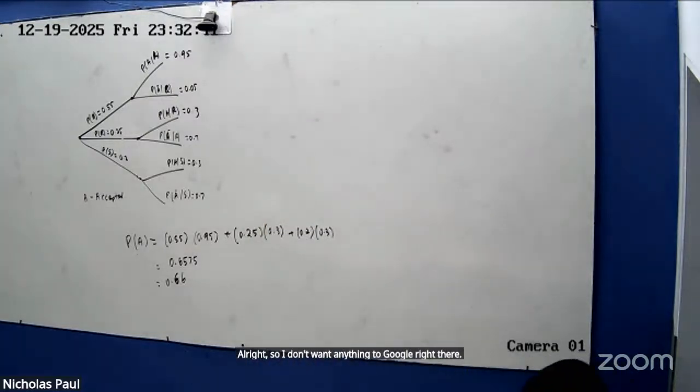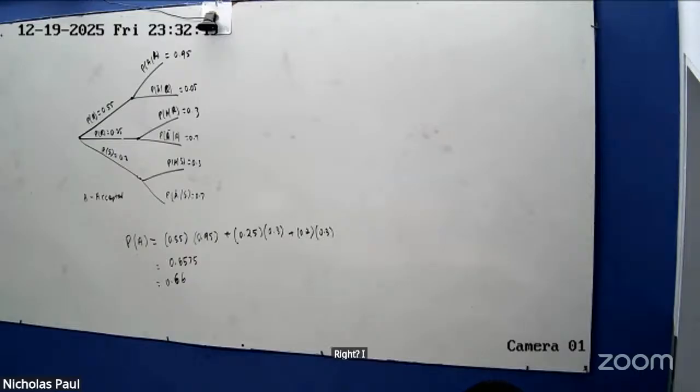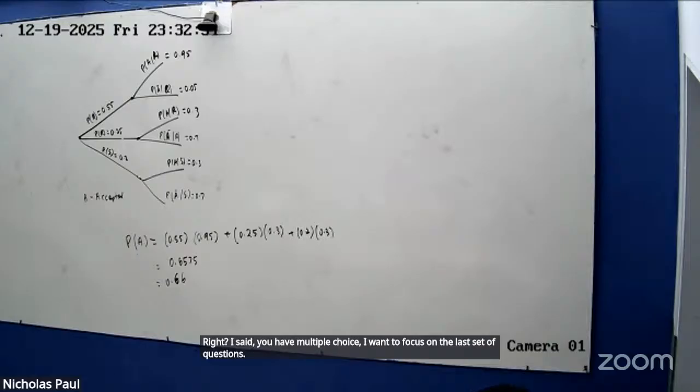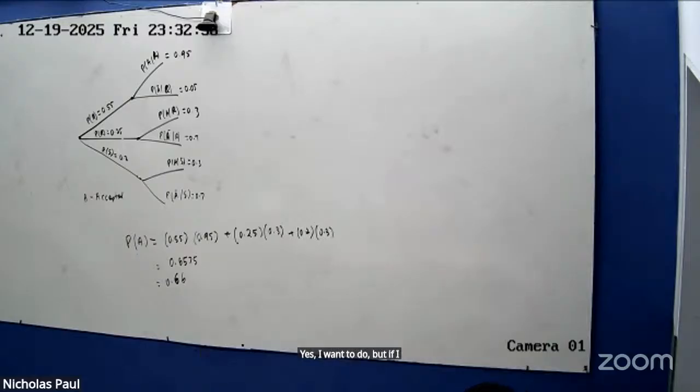Now, check in the group. I sent you a multiple choice. I want to focus on the last set of questions. I also want to do differentiation and integration, but for now you're doing 41, 42, 43, 44, 45.